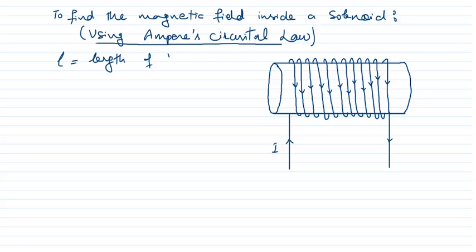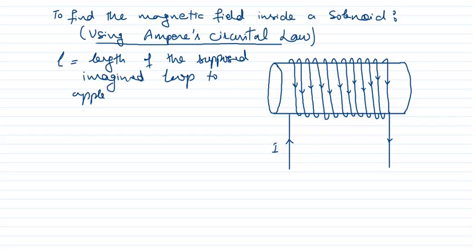Let L be the length of the solenoid, and the supposed or imagined loop is to apply Ampere's law.